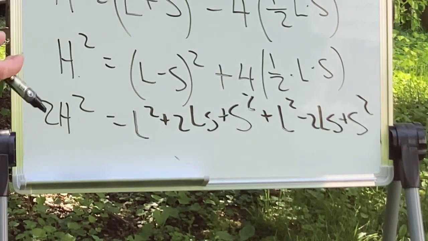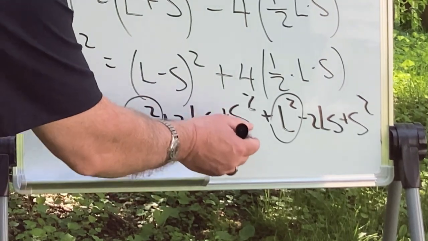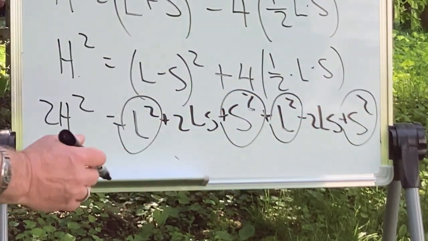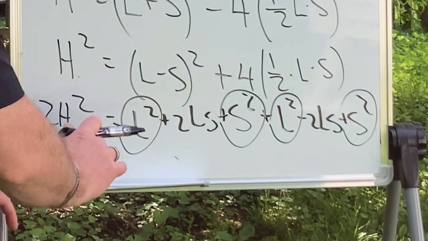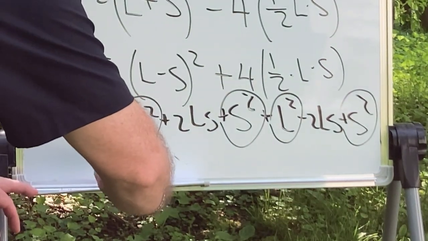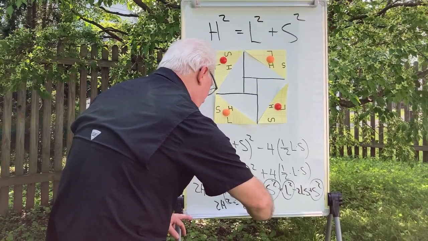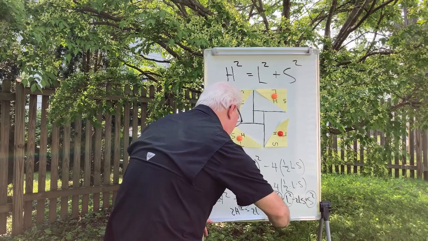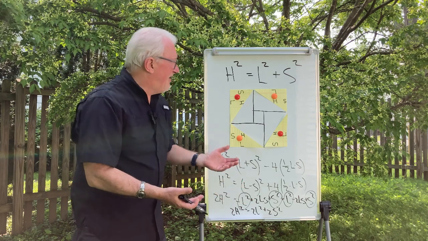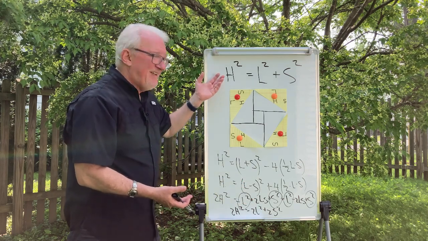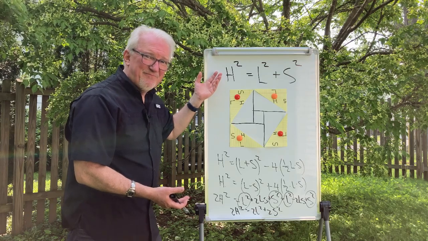And all I'm left with is 2 copies of L squared and 2 copies of S squared. So what I wind up with is 2h squared is equal to 2L squared plus 2S squared. Dividing both sides by 2 gives me exactly the Pythagorean theorem.